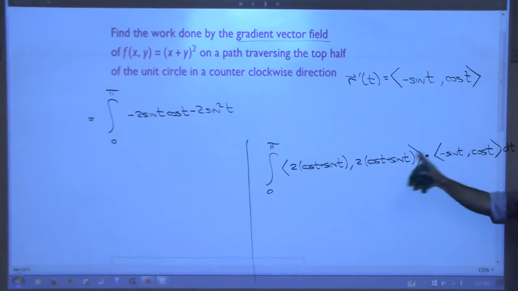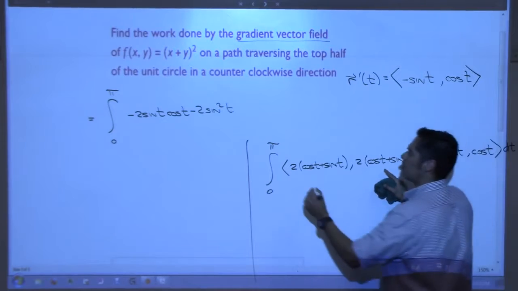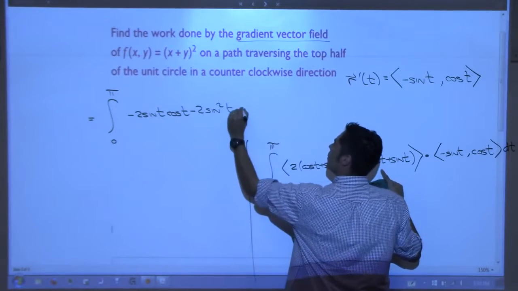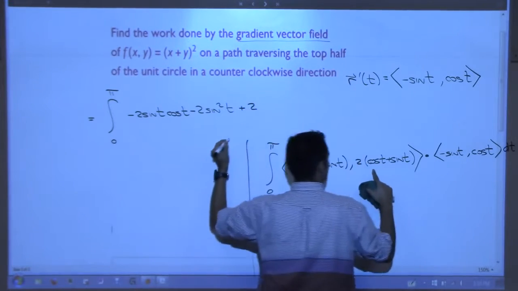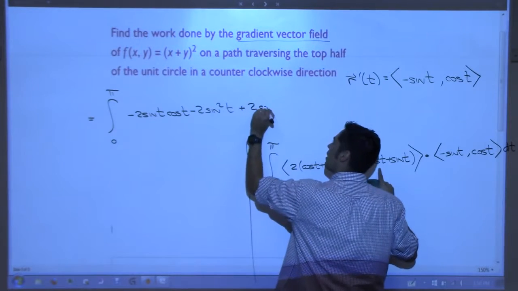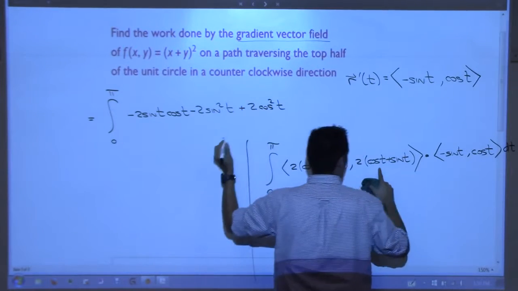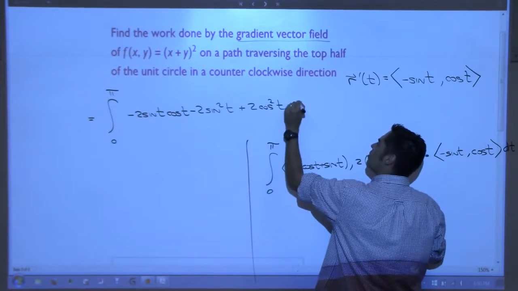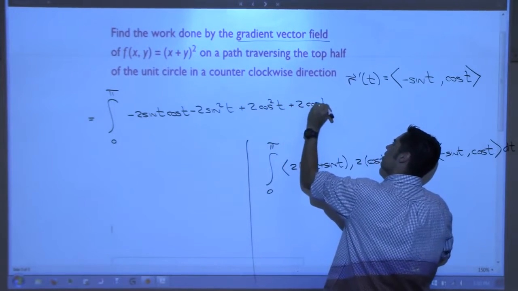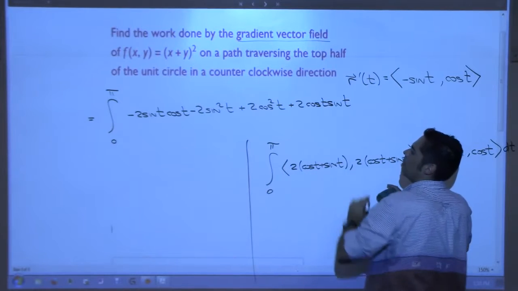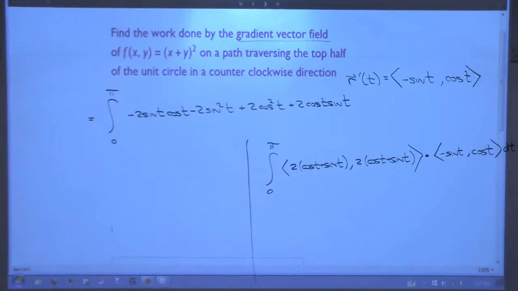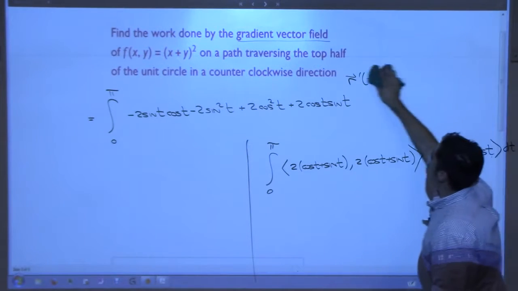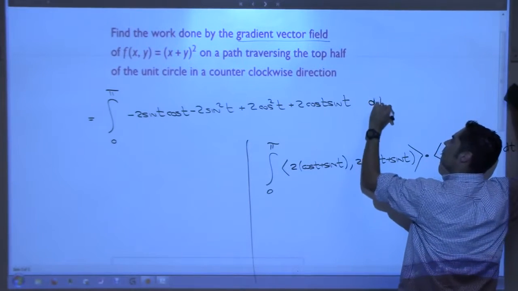And then when I do this one times this, I get plus or minus? Plus 2 cosine squared t. And then plus 2 cosine t sine t. Yeah? dt.